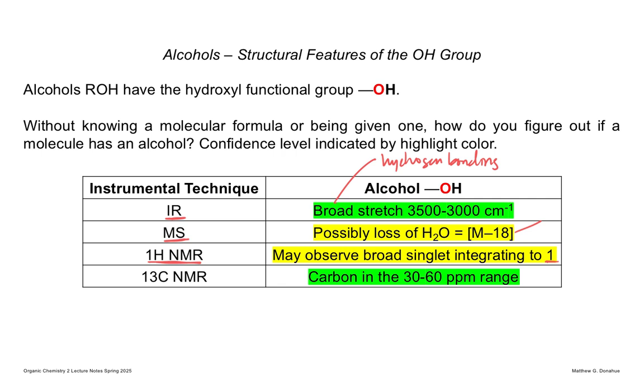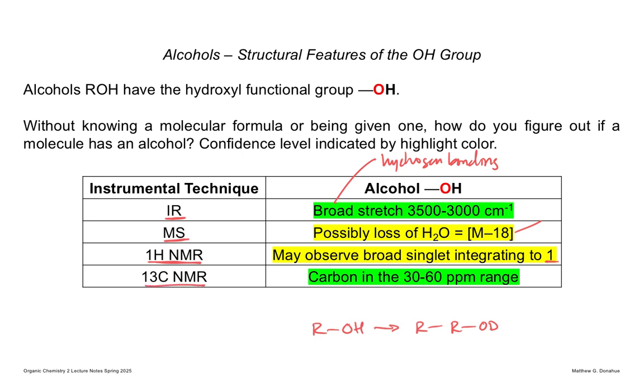So what I mean by that is, you run these samples in a deuterated solvent so that H becomes a D, a deuterium, and then you would not see it. So NMR is dependent upon pH, solvent, concentration. So you could see it or you could not. So that's why it's yellow.